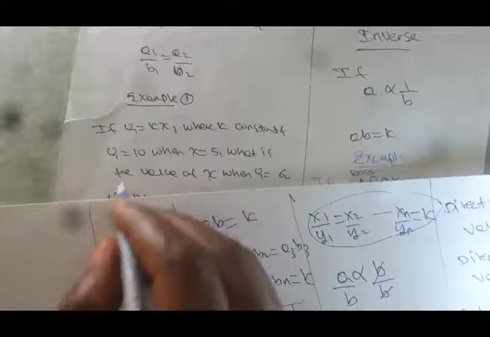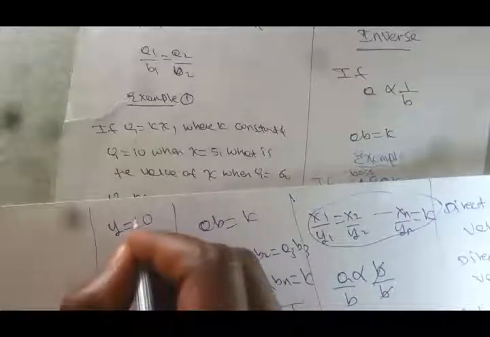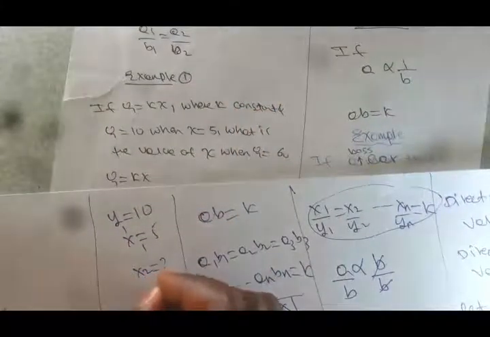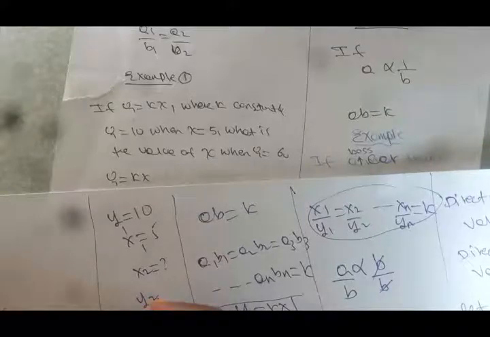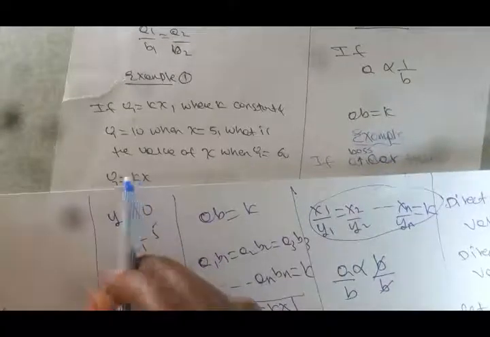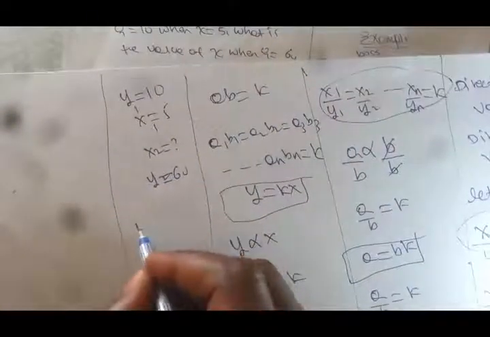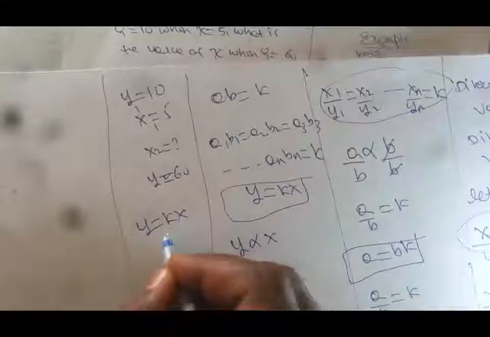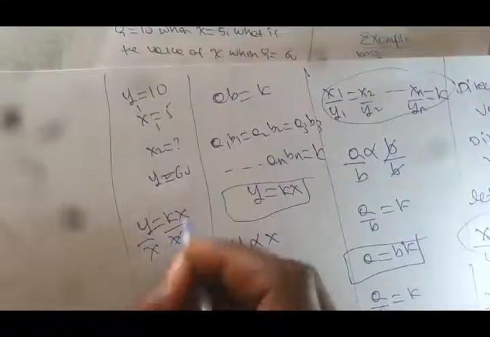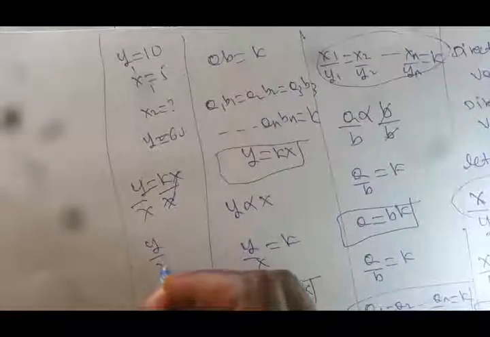But we are given y is equal to kx, so it is directly proportional. Where k is constant, it asks us: when y is 10, x is 5. This is x1, y1. What is the value of x2 when y2 is equal to 60? We are given our equation y is equal to kx, so we first divide by x. Therefore, y over x is equal to k.